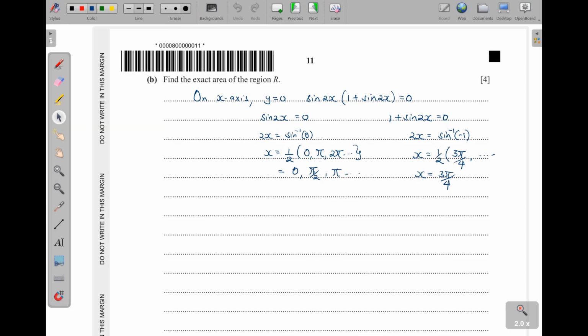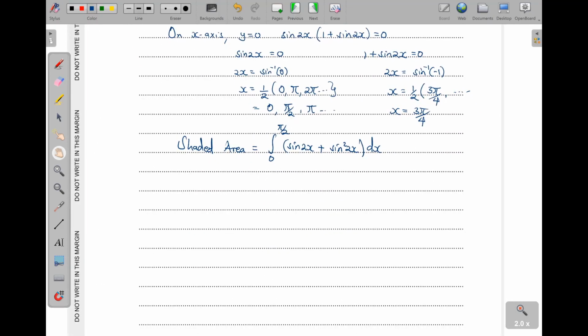So the shaded area, R, will be equal to the integral from 0 to pi over 2 of sine of 2x plus sine squared 2x. In trigonometry, when we get even powers of cosine or even powers of sine, we use the double angle expression for cosine.